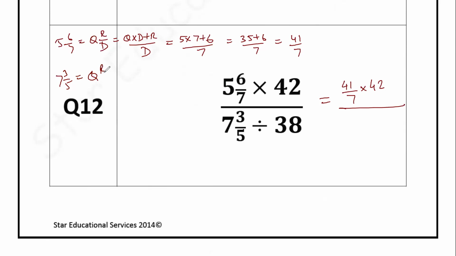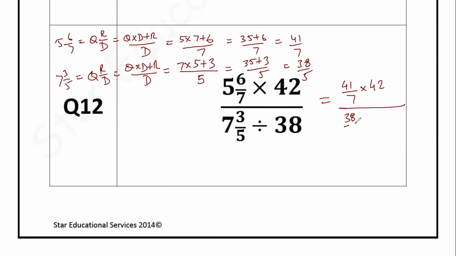So quotient, remainder, divisor: quotient into divisor plus remainder upon divisor. Quotient is 7, divisor is 5, plus 3, remainder upon 5. So that is 35 plus 3 upon 5, 38 by 5.